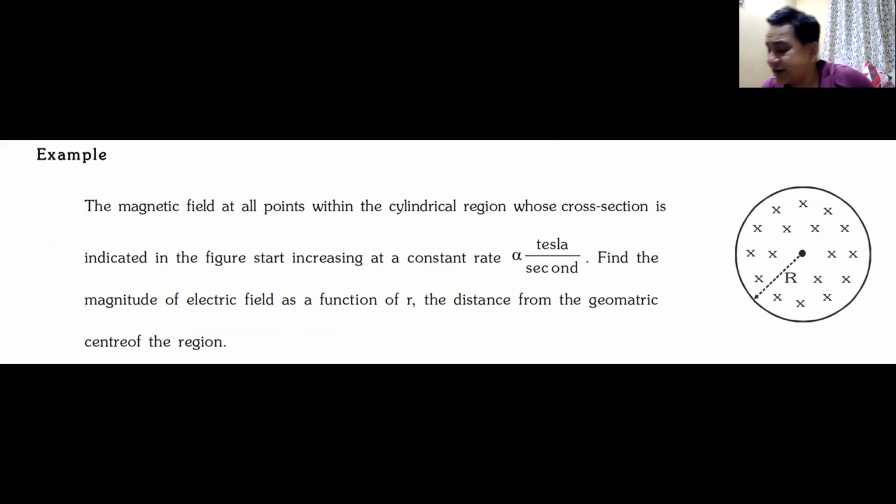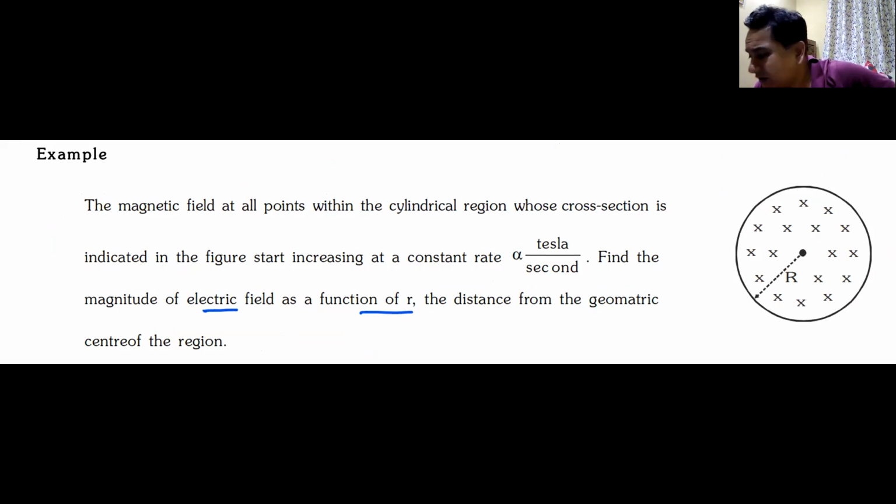Then you will have to find out the electric field as a function of r, where small r is the distance from the center of that cylinder. There will be three different types of points where you will have to find out this electric field: at any point inside (A), at any point on the circumference (B), and at any point outside (C). Do we understand this? Yes, sir. Three types of points: inside points, circumference point, and outside point.